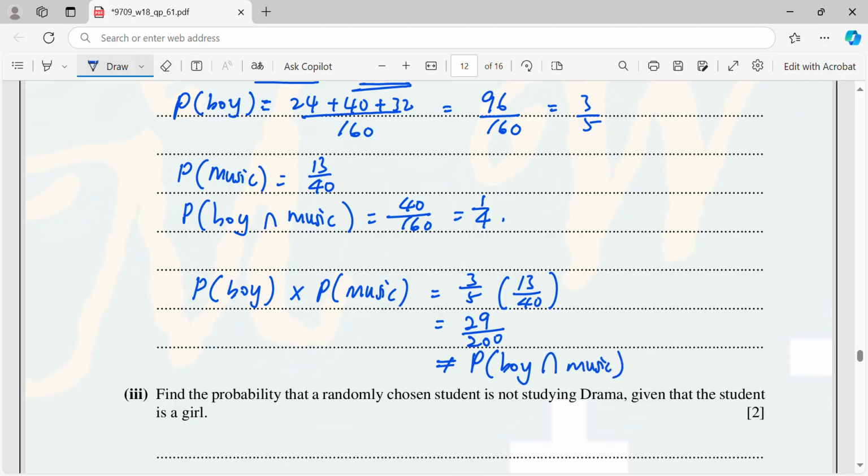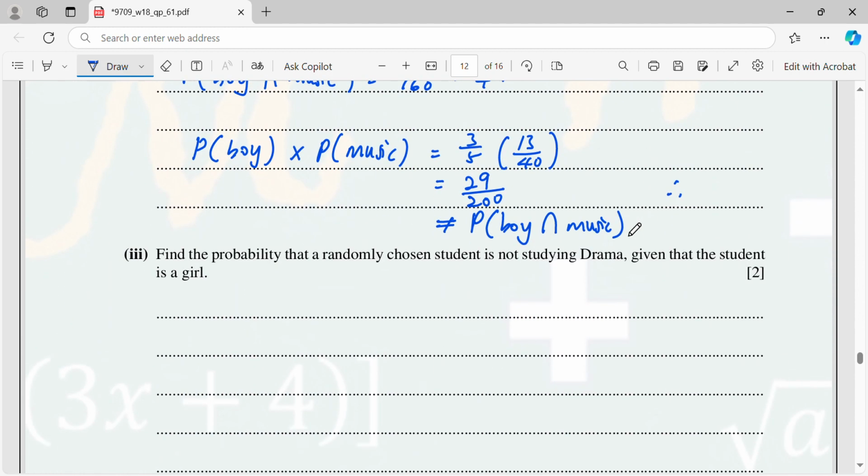When they are not equal, that means the events are not independent. So you can just write not independent because they are not equal.